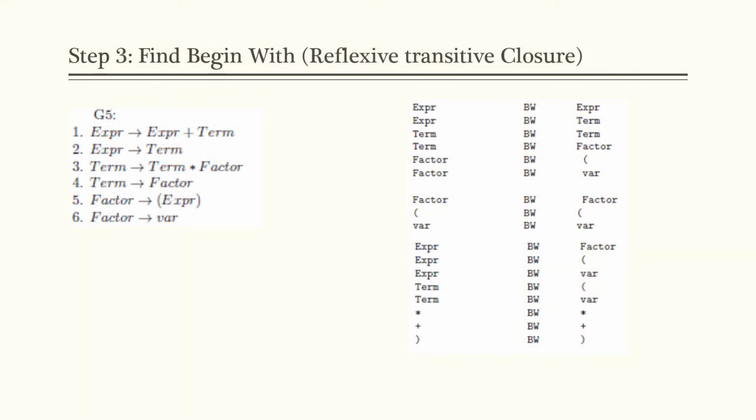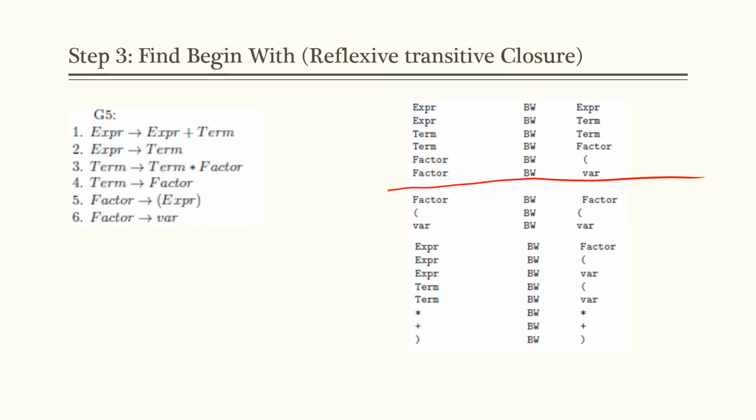In the next step, step 3, we want to find the begin with. Begin with is actually to find the reflexive transitive closure. To find the reflexive transitive closure, there are 3 parts to it.